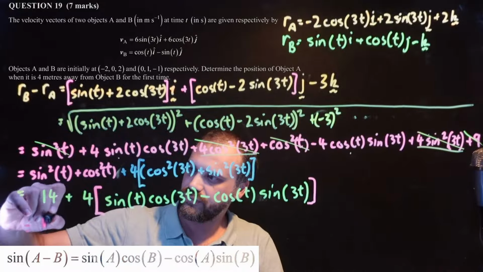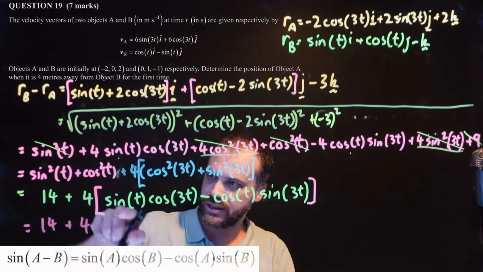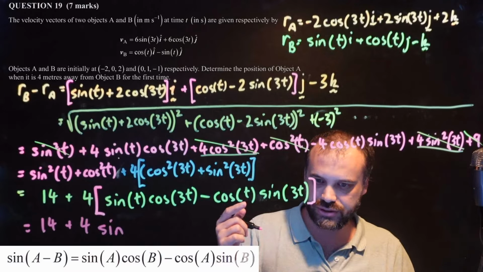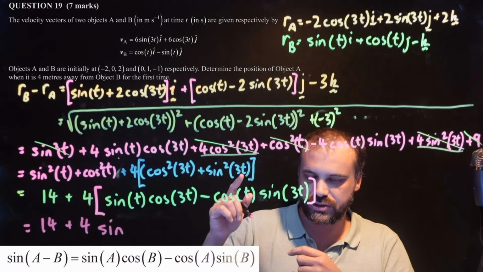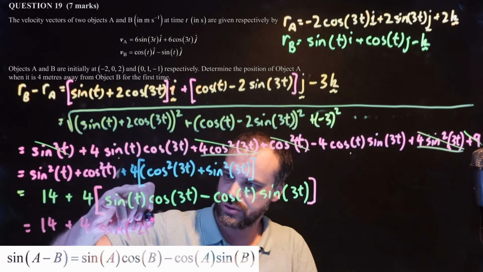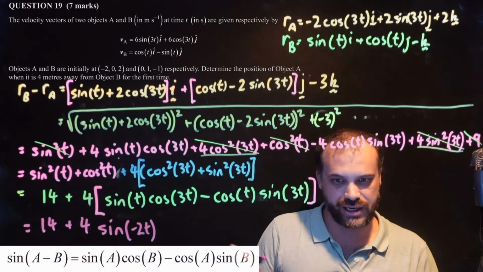So putting that into our formula, we get 14 plus 4, and then it's just going to be sine. Now, what's our A value? t. And then what's our B value? 3t. So t minus 3t, so that's negative 2t. 14 plus 4 sine negative 2t.